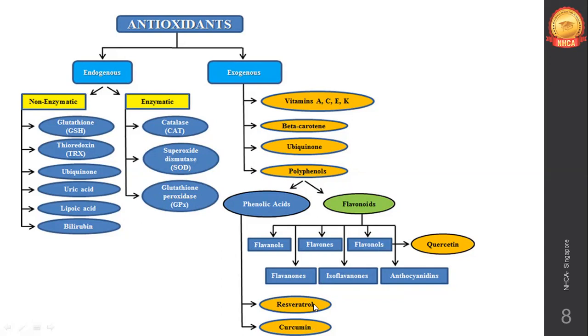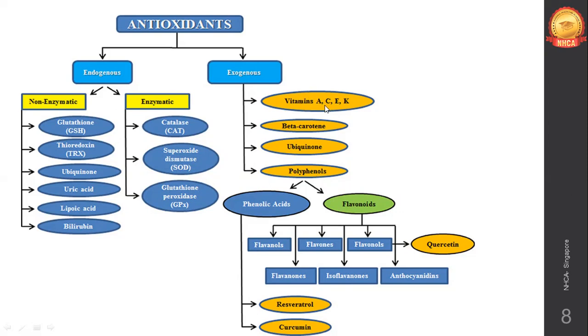Resveratrol, I guess it is from garlic, I'm not sure, you can check that. It's a plant-based source, not animal based, and it is a lipid source. Yeah, it is from red grapes.